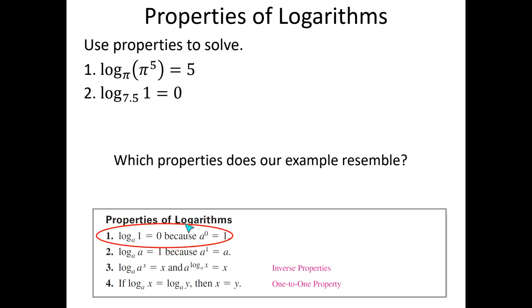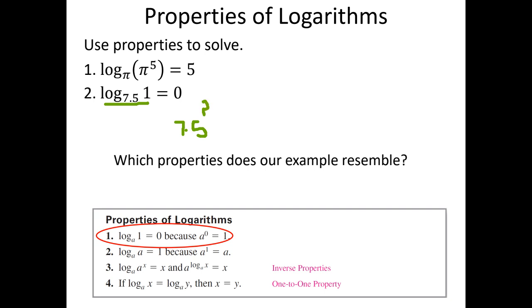Now let's say, well, Ms. Chuka, these are a lot of properties that I might have to remember, okay? The good news is if you forget these properties, then your other option would be to convert this to an exponential function. So my base is 7.5. And I know that the log is always equal to the exponent.